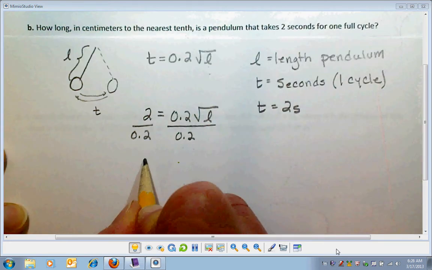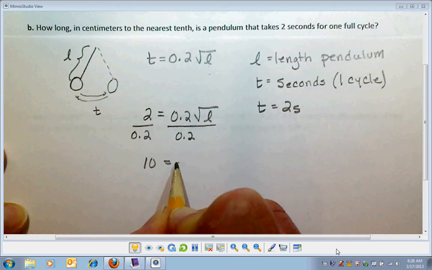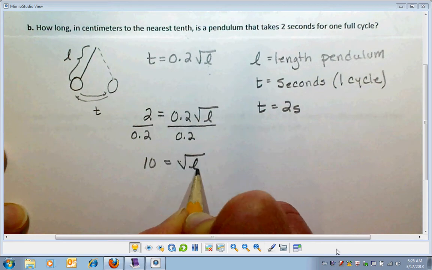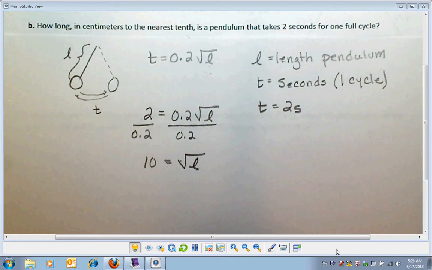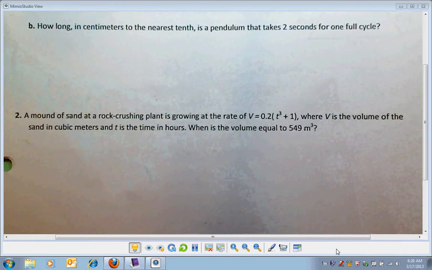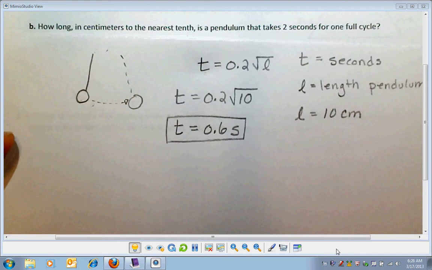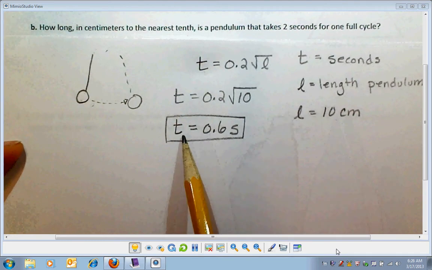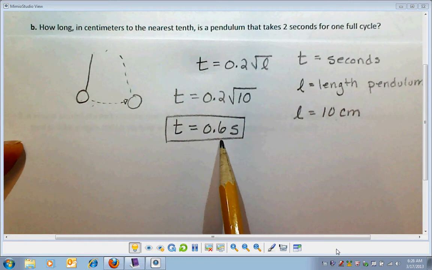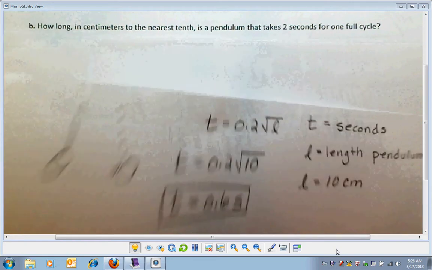So don't get confused between this problem and the one that you had previously, because in the one you had previously, the length was 10, not the time. So don't think it's going to be the same answer. That won't make sense.